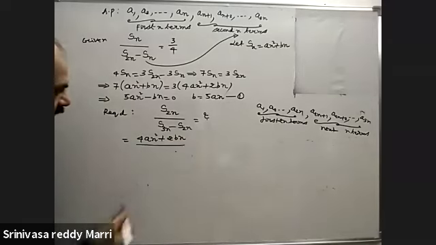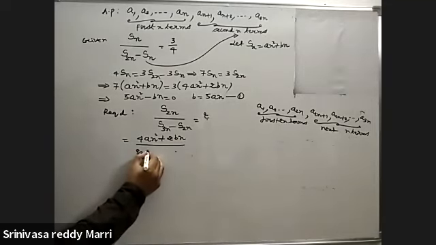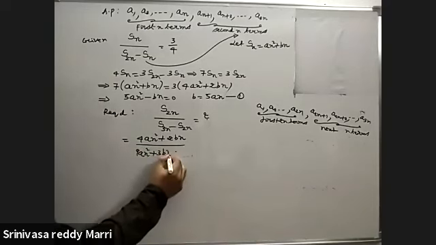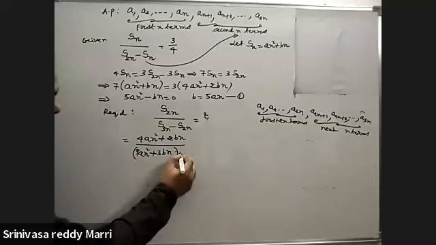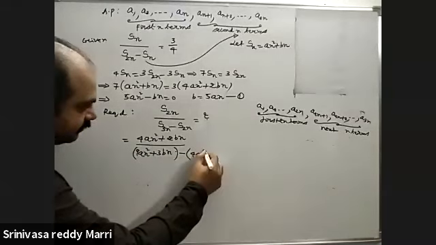S2n divided by S3n minus S2n, where S3n is 9An square plus 3Bn.